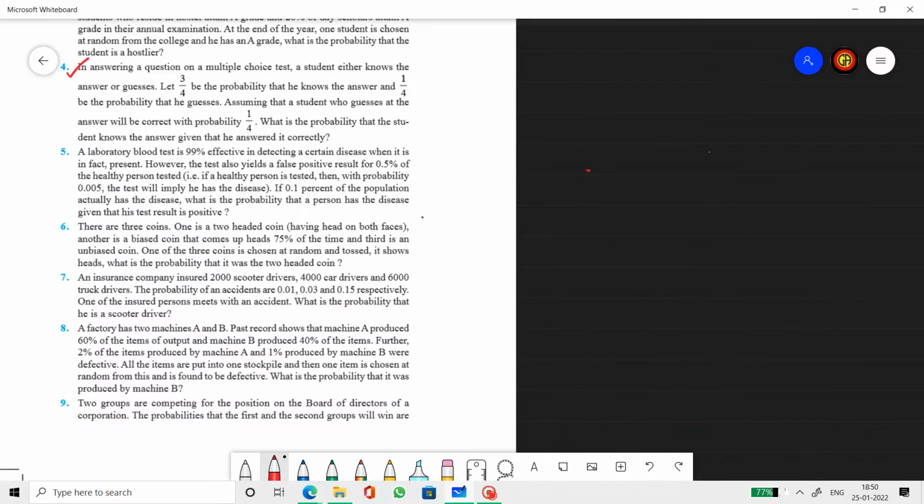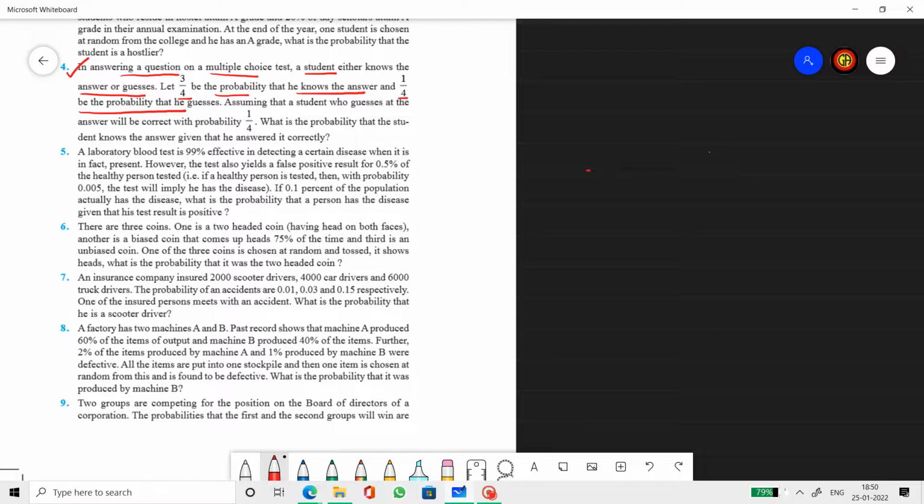So next question number 4. In answering an MCQ question, a student knows the answer or guesses. Let 3 by 4 be the probability that he knows the answer. Let 1 by 4 be the probability that he guesses. So imagine that, put yourself in the place, then you will be able to understand.